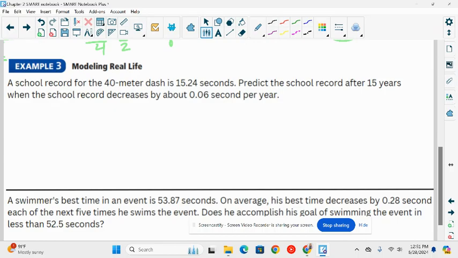Okay. Per means multiply. This is our seconds. How many years are going by? 15. So 0.06 times 15 years is how much? 0.9. So we're shaving off 9/10 of a second.